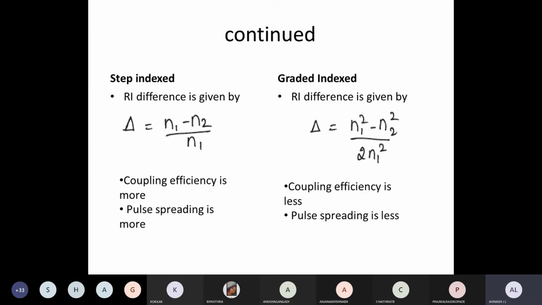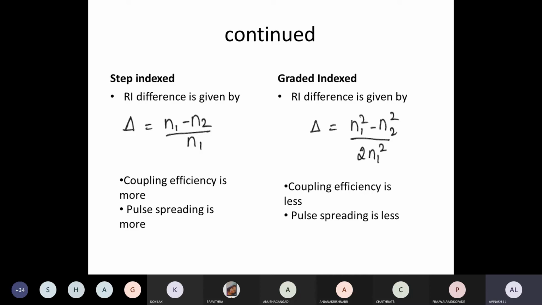So that means when you're talking about step index and graded index, there are some slight advantages and disadvantages also. Okay, so comparing bandwidth, bandwidth is better with the graded index. And coupling efficiency is more in the step index and less in the graded index.